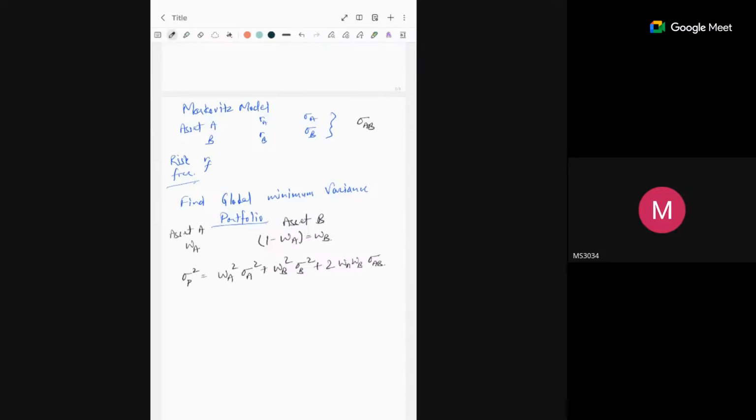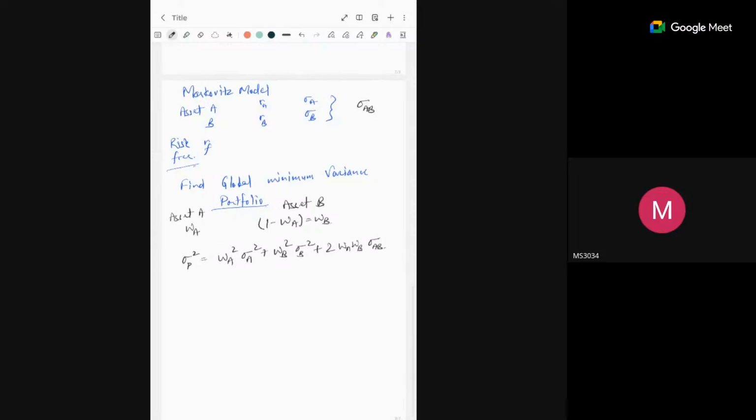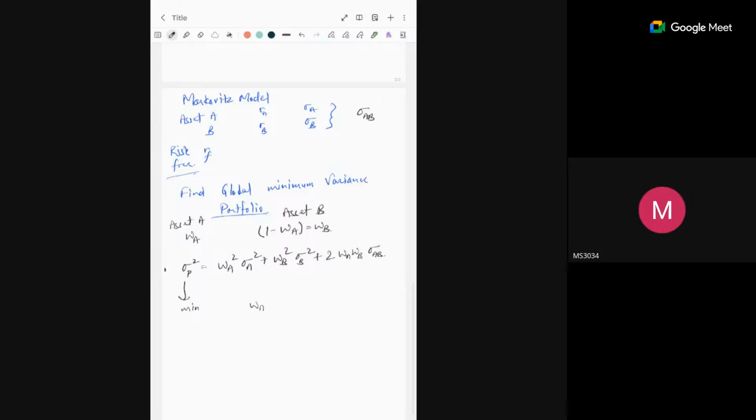So if you are asked to find the global minimum variance portfolio, then your objective would be to minimize this thing, subject to the only condition that your weights should sum to 1.